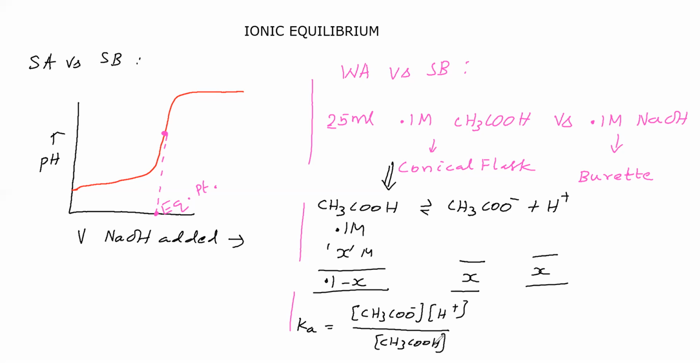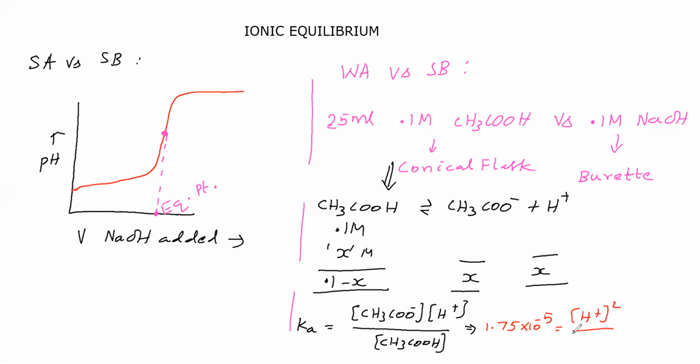Now we will substitute the acid dissociation constant, the given value. The H plus concentration and acetate concentration are equal, therefore we write H plus square.